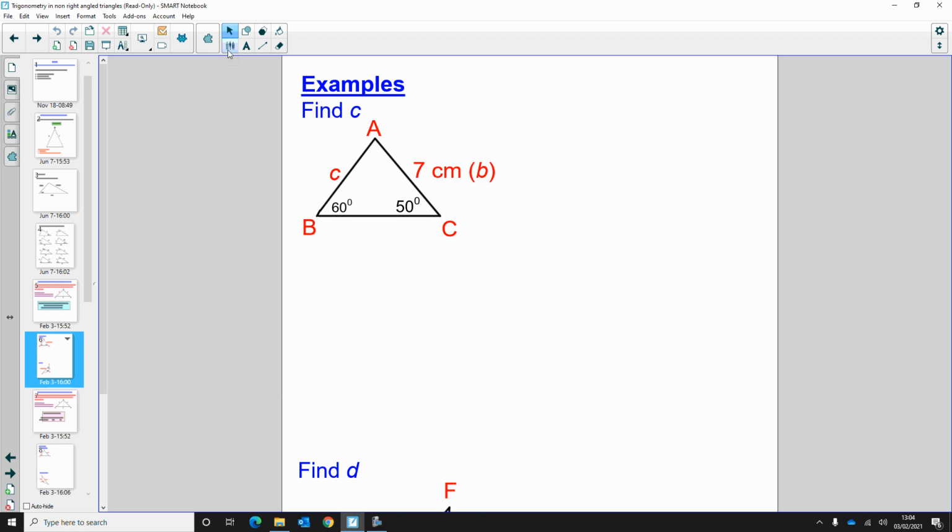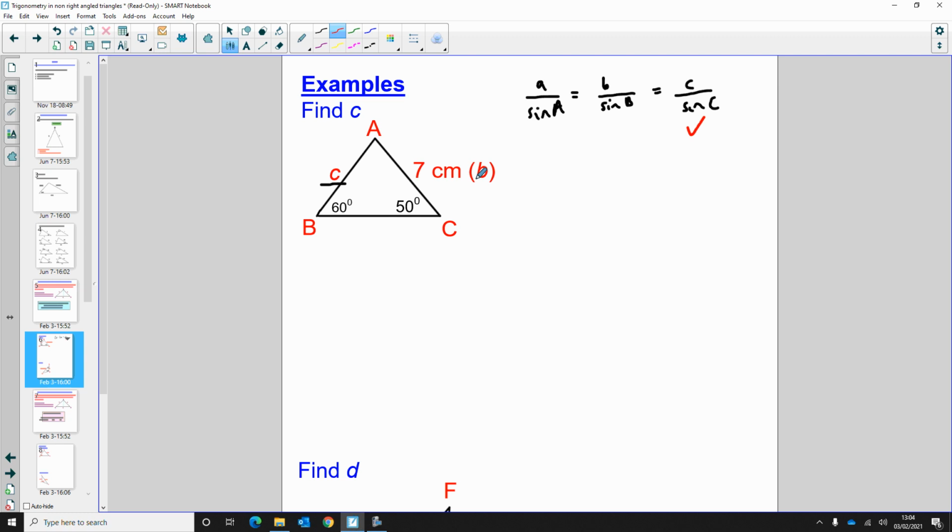Firstly, I'm going to recap the rule just up here. a over sine A is equal to b over sine B is equal to c over sine C. Now, look at this triangle. We are trying to find the side c, so we definitely need to use this part of the equation because that's the bit we need to find.